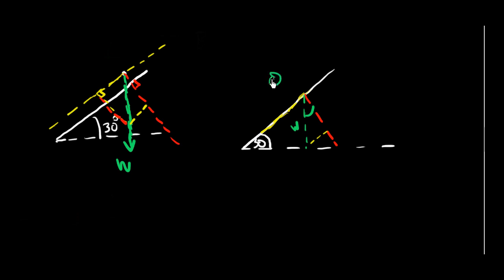Then the force that is going perpendicular to the slope into the slope here will be W, which is the hypotenuse here, times the cos of that angle, because this is the adjacent, so that will be W cos theta. And this one down here, which is opposite to the angle, will be sine, and it's going down the slope, so that's the other one that they're asking us, which is going to be W sine theta.